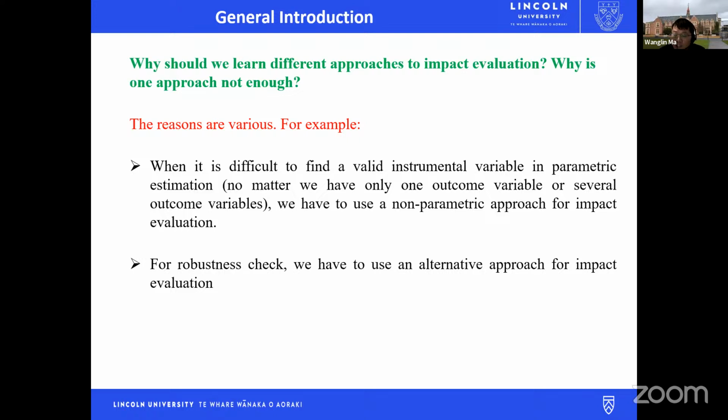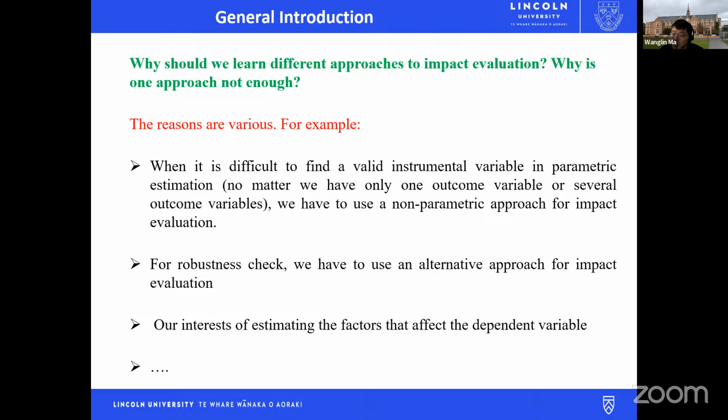So for a robustness check, we also need to use an alternative approach for impact evaluation. That's why we need to learn different approaches for impact evaluation. So our interest is estimating the factors that affect the dependent variable.